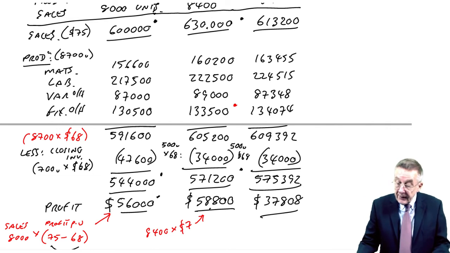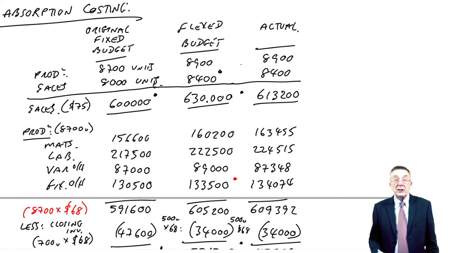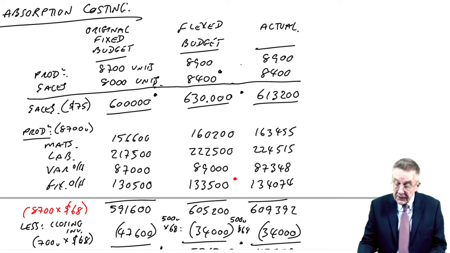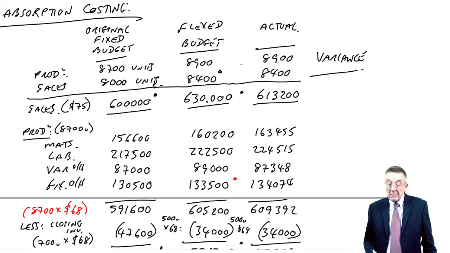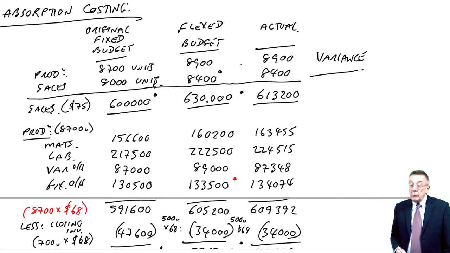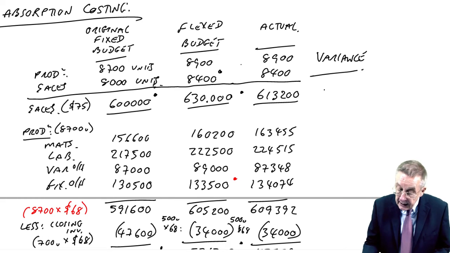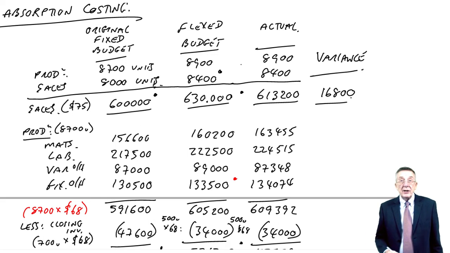Now, of course, we can look at the variances, compare actual with flexed budget, and find out where we gained and where we lost. So the differences or the variances, variance means difference. First of all, the revenue. We should have got 630, we only got 613. We were down by 16,800.